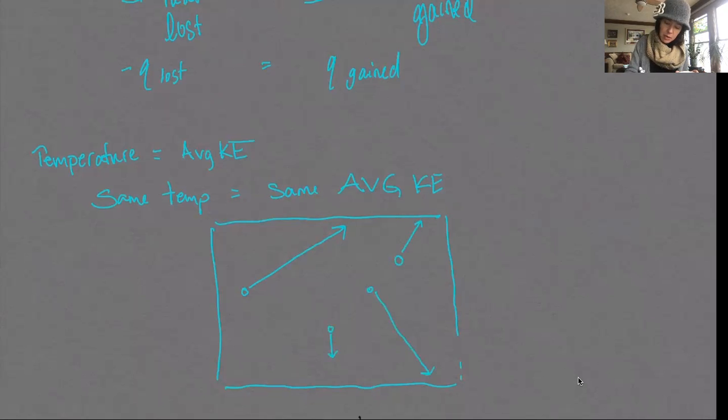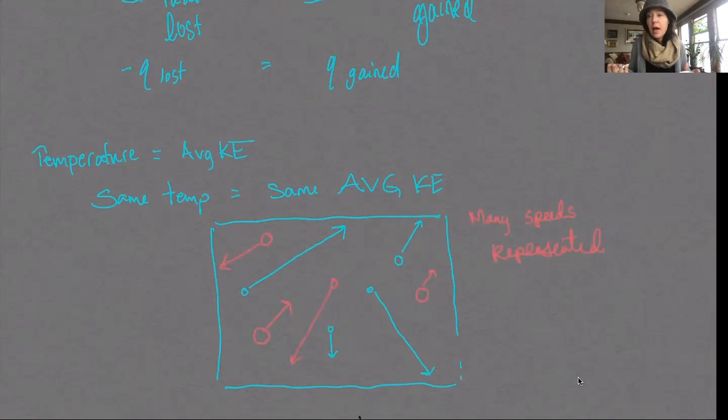Maybe we have some larger particles that are moving at this speed, maybe this speed, so we have many speeds represented. If we have more greater speeds present, then we would have a higher average kinetic energy and a higher temperature. But this shows us all of the particles moving at different speeds.